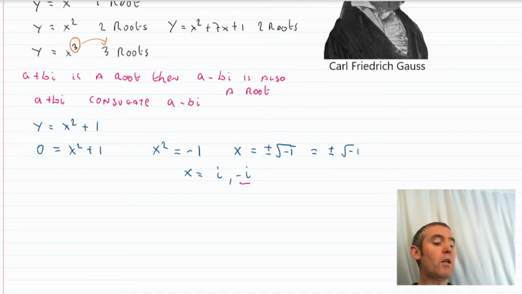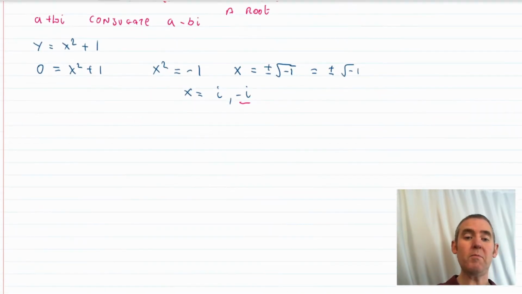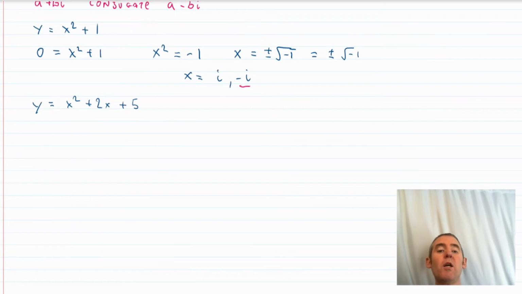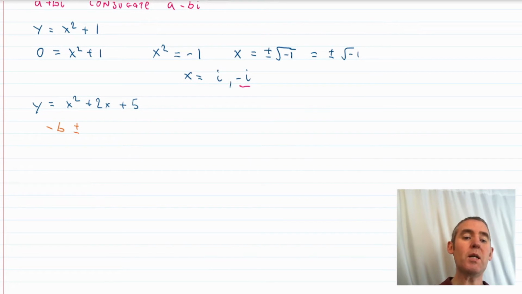So let's take a look at another equation. This equation is y is equal to x squared plus 2x plus 5. Let's take a look at the roots of this equation. This is a quadratic, and we're going to use the formula: x equals minus b plus or minus the square root of b squared minus 4ac, all over 2a.